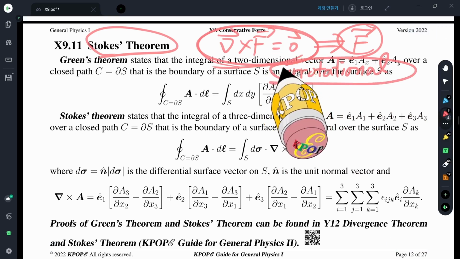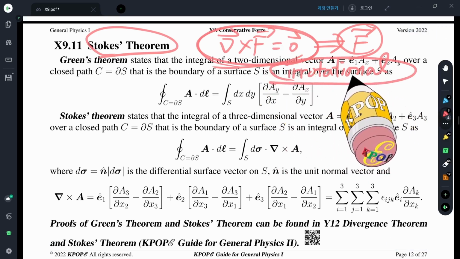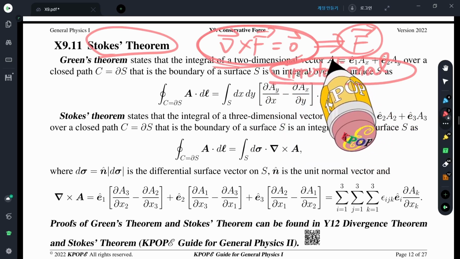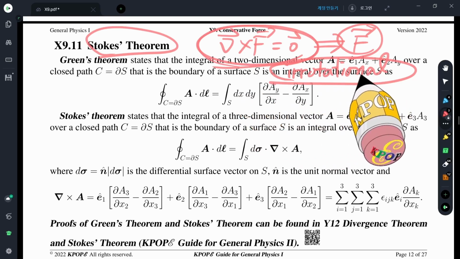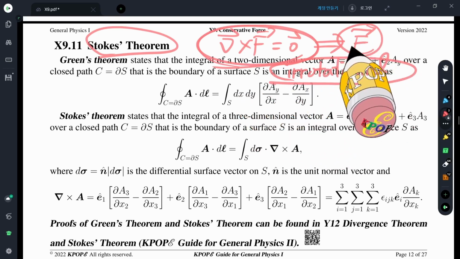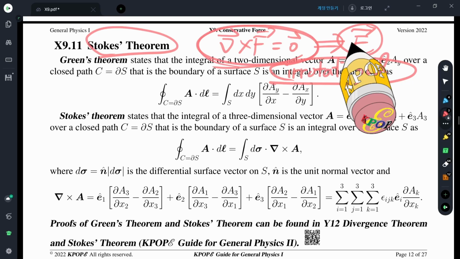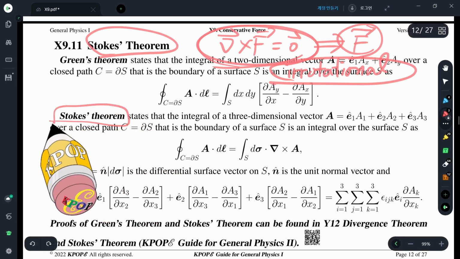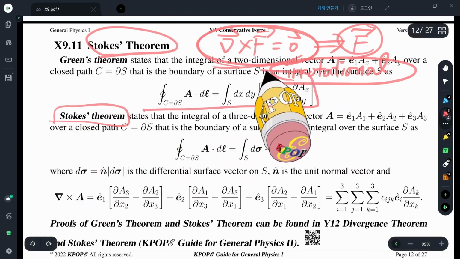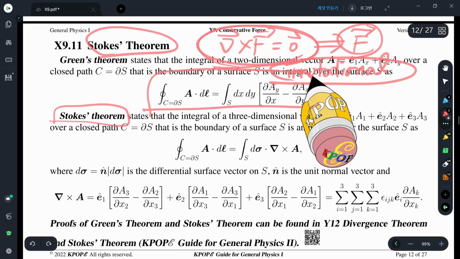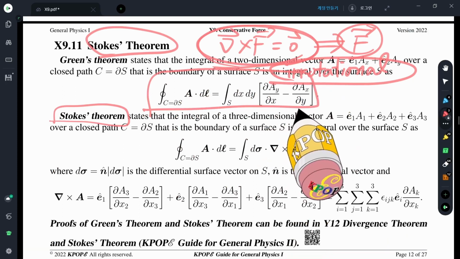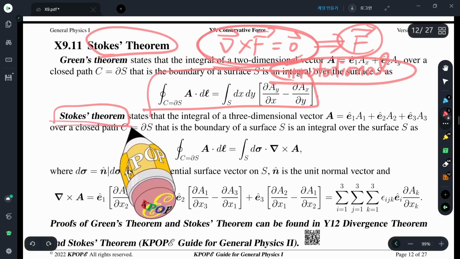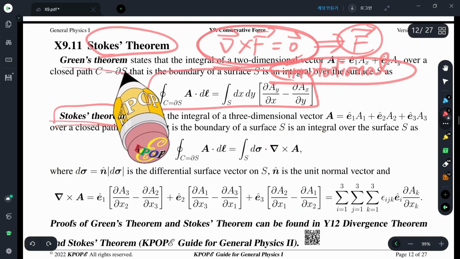That means if it is non-zero, then it is rotational. Rotational force? No, it is not usually conserved. If it is irrotational, absolutely right, F is conservative. The special version of the Stokes theorem in two dimensions is called Green's theorem. And at the end of this lecture, you will find the self-test, and you can prove the Stokes theorem as well as Green's theorem.